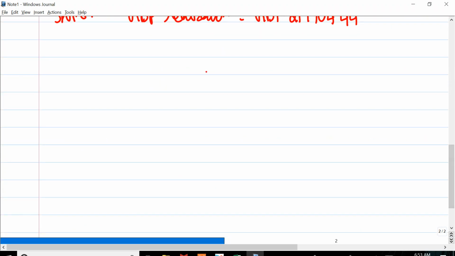Let's write the formula. We will receive this money only after 3 months, but I am able to calculate today what I am going to receive. GBP equals USD into GBP by USD.